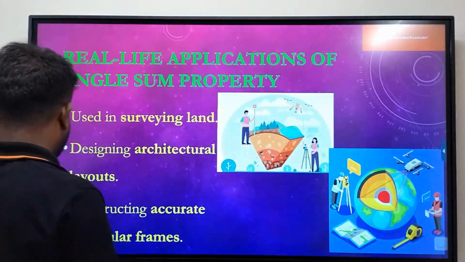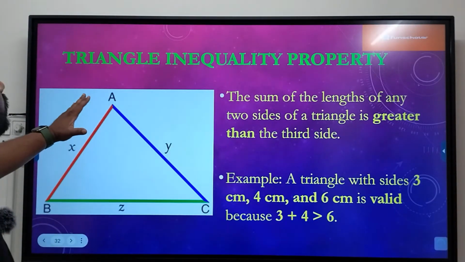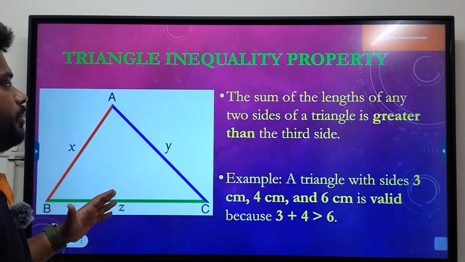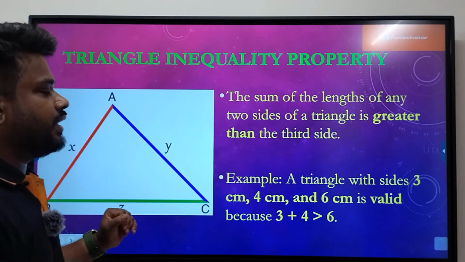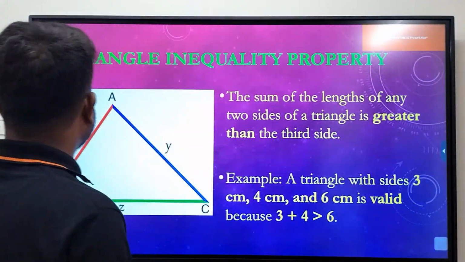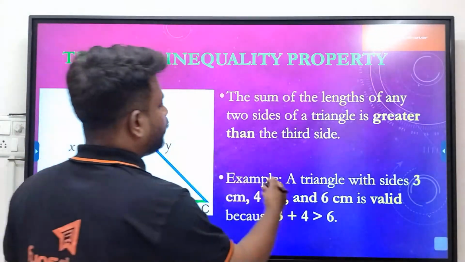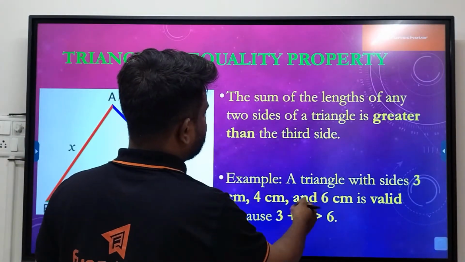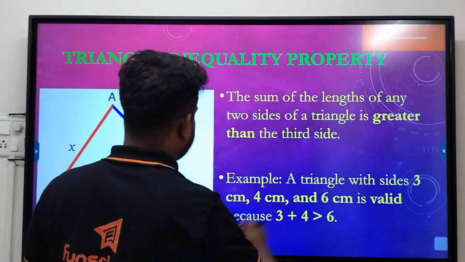Let's go further. Now this one is the triangle inequality property. The sum of the lengths of any two sides of a triangle is greater than the third side. This is a very important one: a triangle with sides 3 centimeters, 4 centimeters and 6 centimeters is valid because 3 plus 4 is greater than 6.